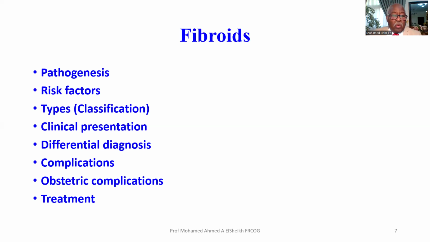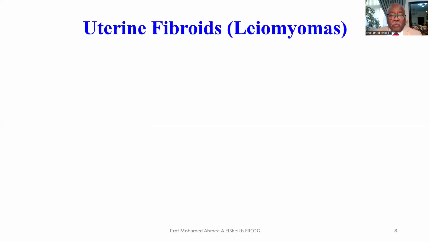We are going to talk about pathogenesis of the fibroid, risk factors, classification or types of the fibroids, clinical presentation, differential diagnosis, complications, obstetric complications, and treatment for the fibroids. This is in general. It will be both part 1 and part 2 of the talk.